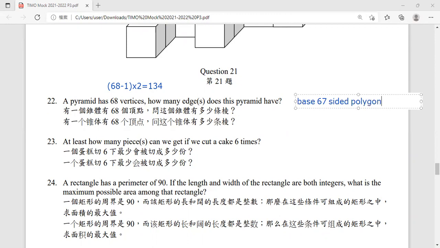Okay, so how many edges? Then the edges of the base will be 67, and the total is 67 times 2, which is 134 edges. Okay, just that. Any questions?